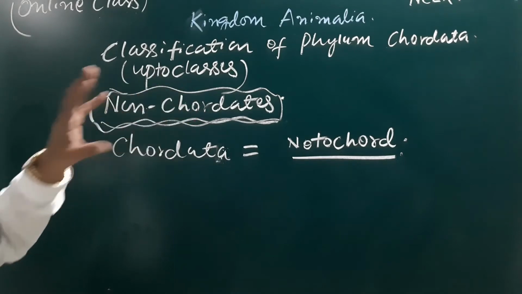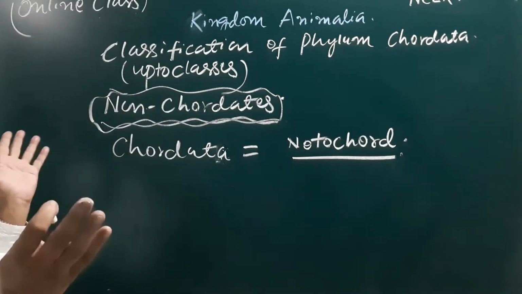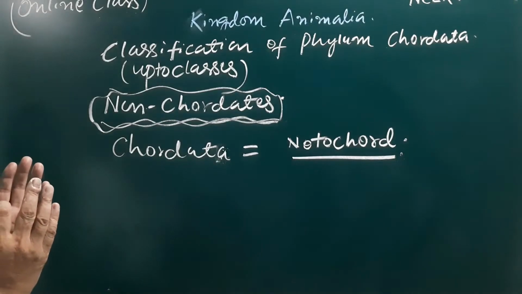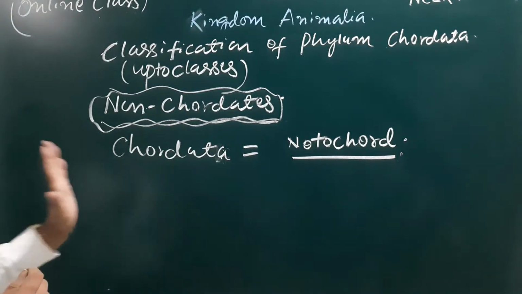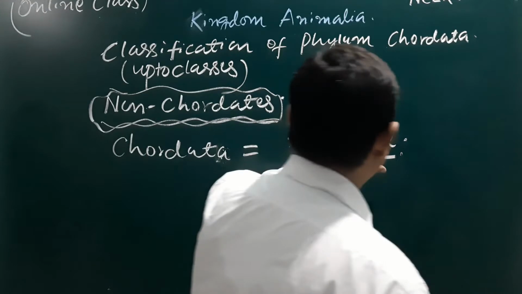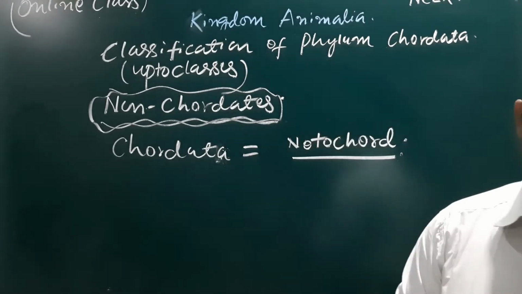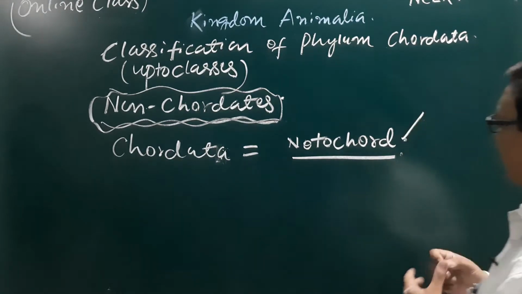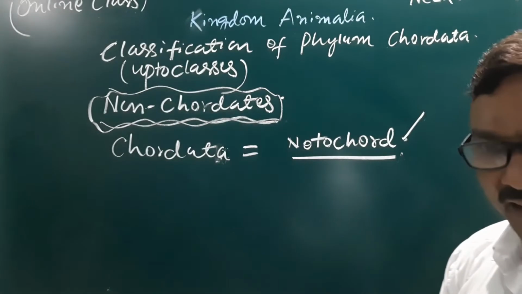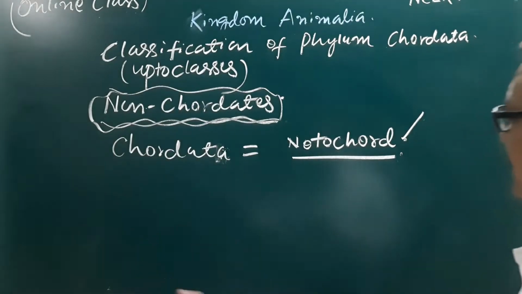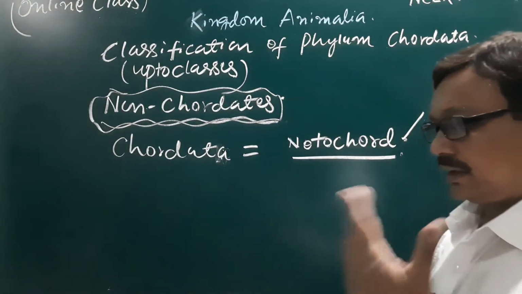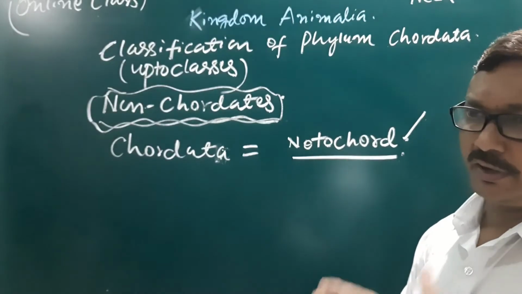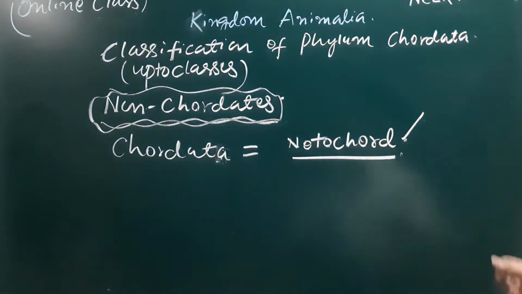But in this part also there is some diversification regarding its presence, because in some groups of animals it is present only at the earlier stage of life, like the embryonic stage, and later it is not found.